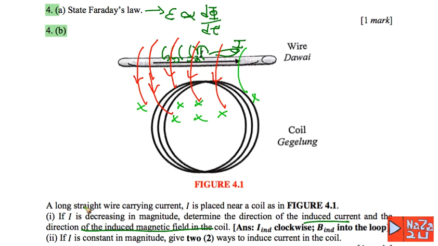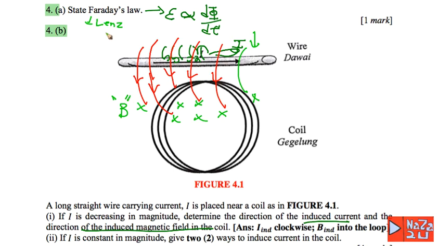But the current is decreased. So according to Faraday's law, or you can say Lenz's law, because the current flow decreases, meaning the B strength here also decreases.